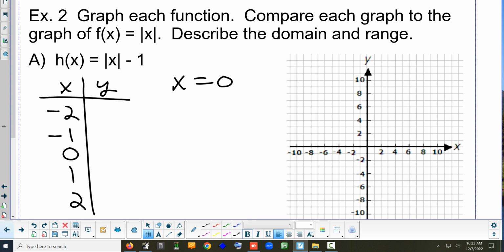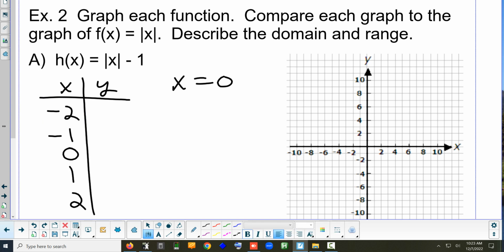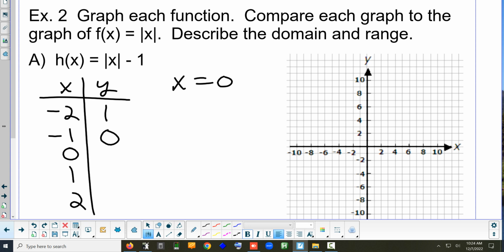So how about Anaya, what's the absolute value of -2? 2, and then -1. 1. Okay. Caleb, what's the absolute value of -1? 1. And then -1? 0. Good.